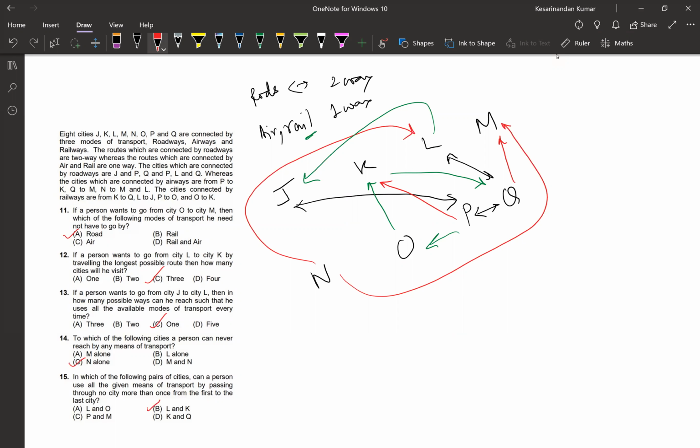If a person wants to go from city O to city M, which of the following modes of transport does he not have to use? How can I reach M? In such a question, I would say always move backwards. Start from M. You can reach M by either Q or N. Both of them use airways, so airways is gone.